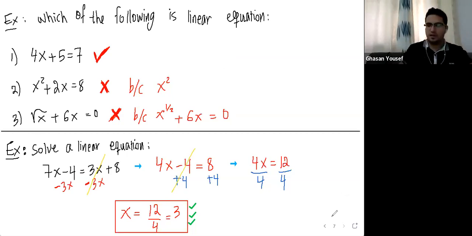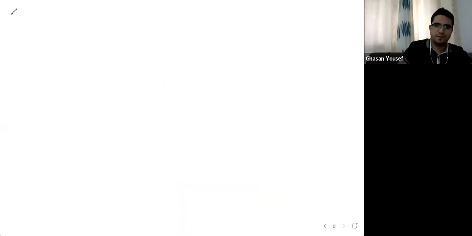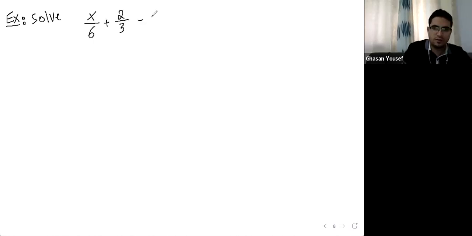Okay, so the example is: solve 3 over 4 x minus, no, not 3 over 4, x over 6 plus 2 over 3 equals 3 over 4 x.